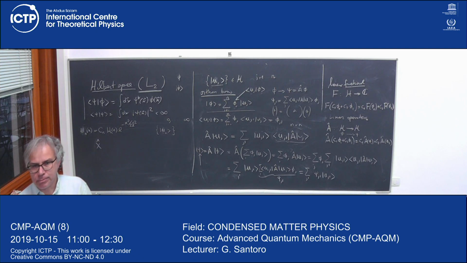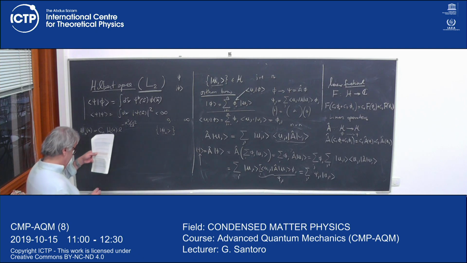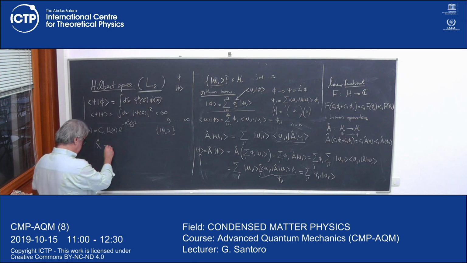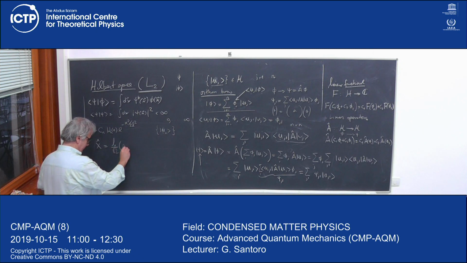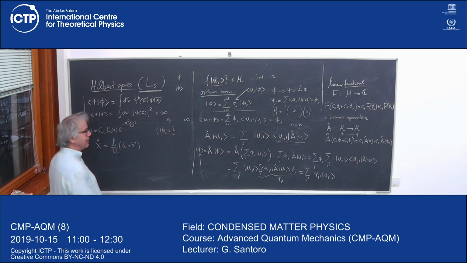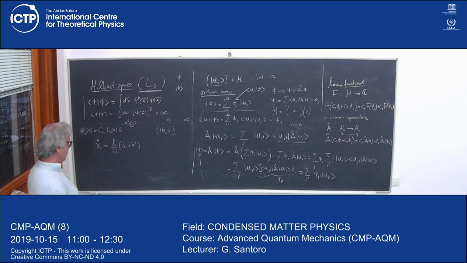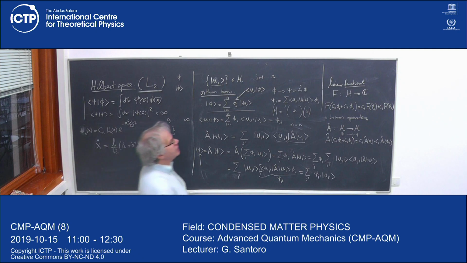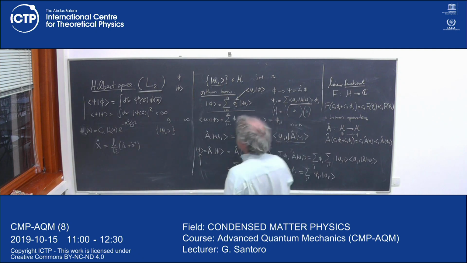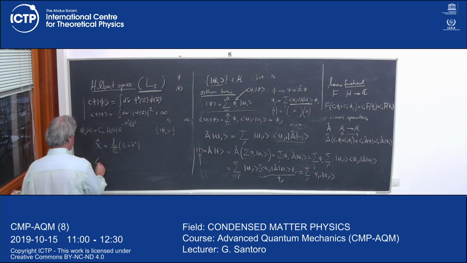What do I do? Well, you remember that x was, apart from the length L over square root of 2, a plus a dagger. So suppose that I ask you to calculate any matrix element appearing here. For instance, u_n' and u_n.